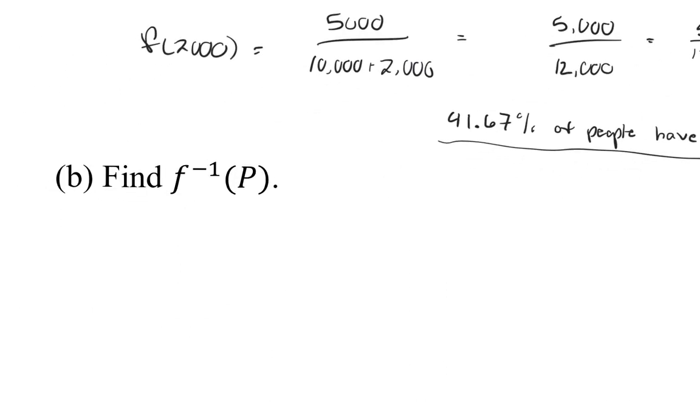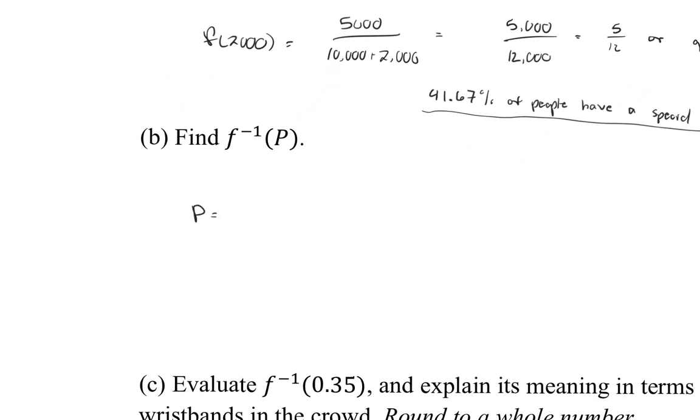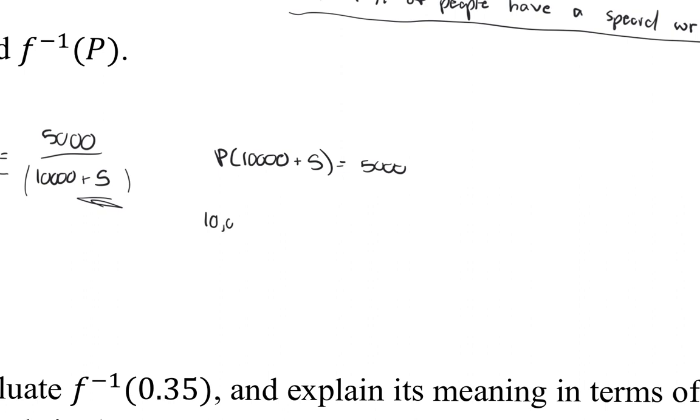Now, we want to find f inverse of P, which would be, if we set P equal to 5,000 over 10,000 plus S, we want to isolate that S. So, kind of similar to earlier, our first step is going to be to multiply this denominator over. So we have P times 10,000 plus S is equal to 5,000. Go ahead and distribute out that P. So we have 10,000 P plus PS equals 5,000.